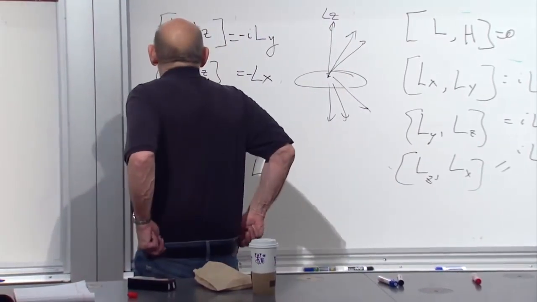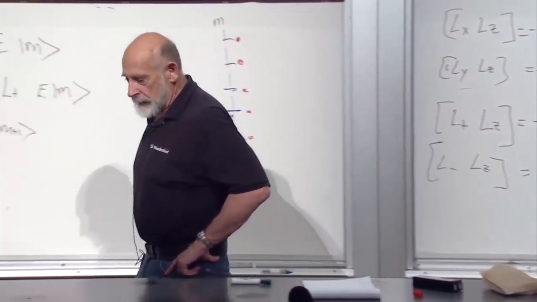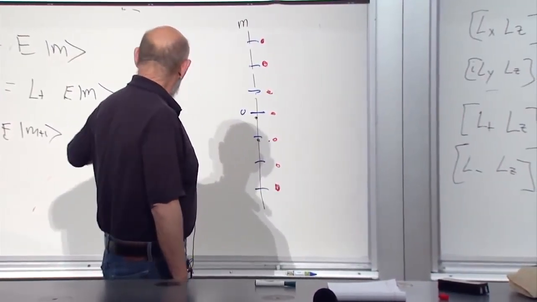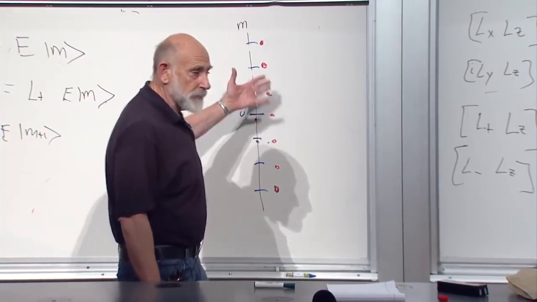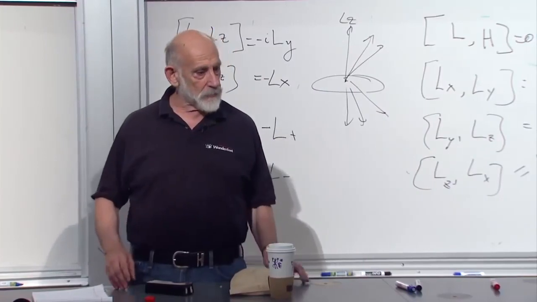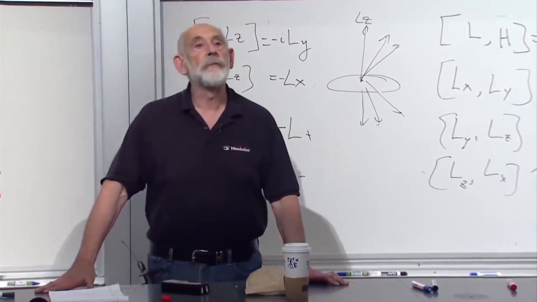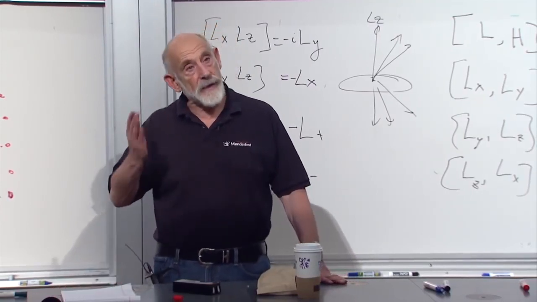Whenever you find an algebra like this which closes under commutation, that's a signal that you should be looking for creation or raising and lowering operators and using the algebra to sort out the spectrum of the system, the spectrum of eigenvalues. The operator L plus applied to the maximum will give 0.